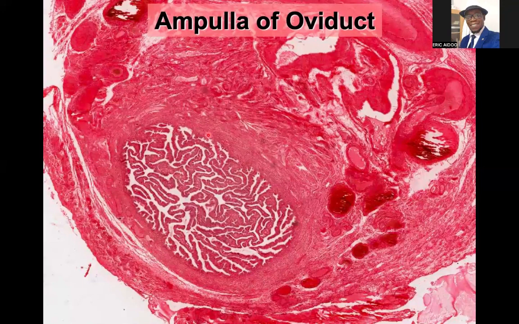Remember, the ampulla is the longest part, so it will span across and have some characteristics of both the infundibulum and the isthmus, especially the smooth muscle and the finger-like projections within the lumen.